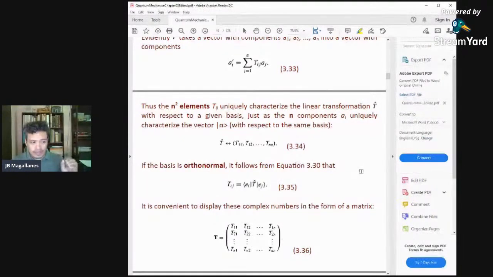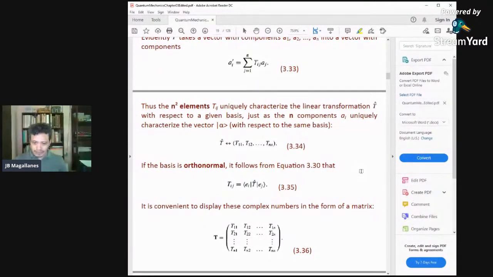That's one of the conditions of orthonormality. And if you get the inner product of an element of the basis with itself, that would give you 1. So that's what you call orthonormal. An element of a basis dotted with another element is 0. If you dot it with itself, it should be 1. So that's the orthonormality condition.